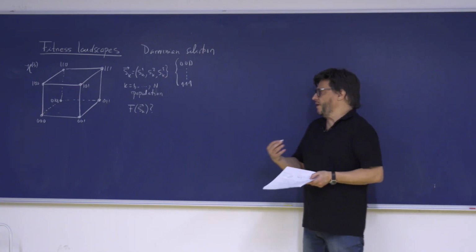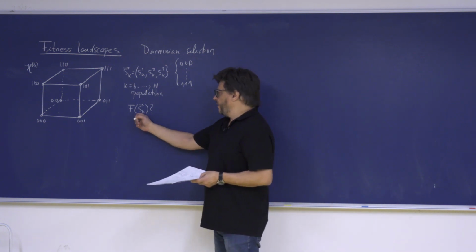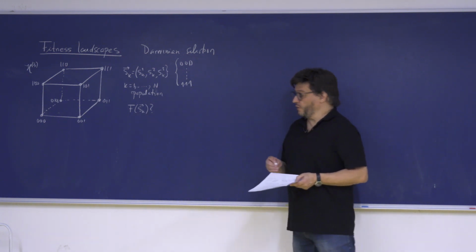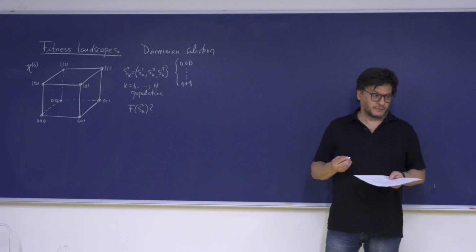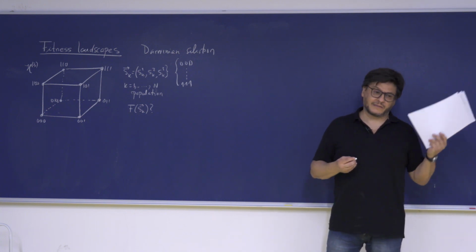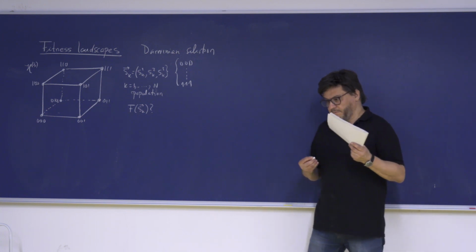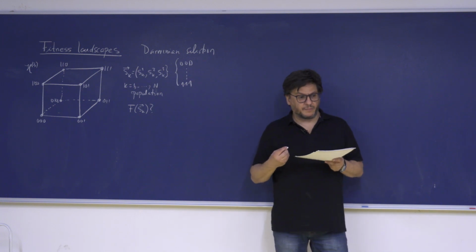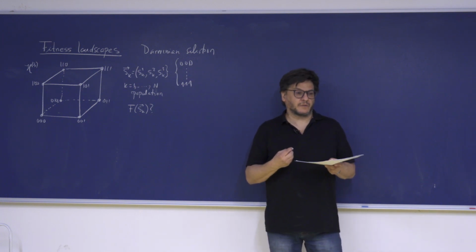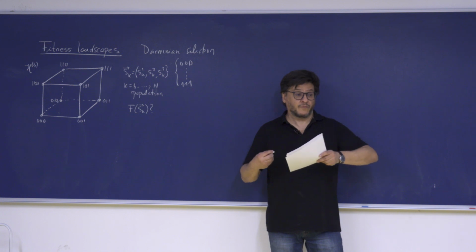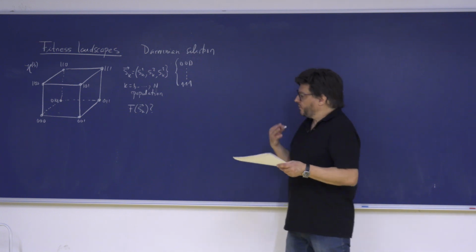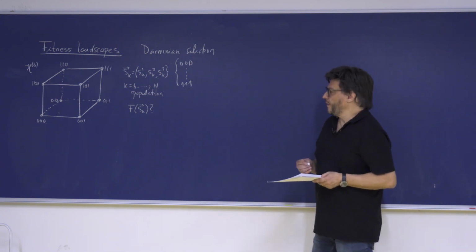Just define f, that could be rate of replication or any other attribute. Remember the example of the cancer cells. I can be better, maybe not because I replicate faster, but maybe because I'm more able of not dying. So different things can be part of the fitness.